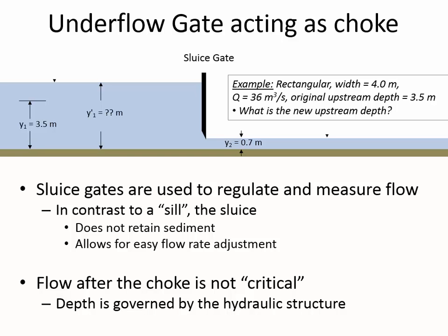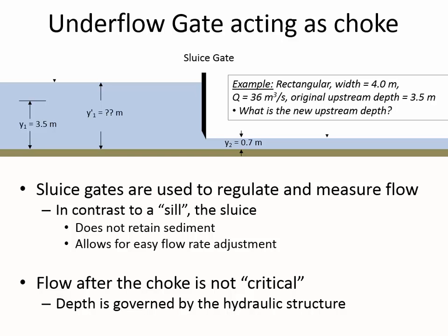So we're going to first take a look at how much energy is required for flow. At 2, how much energy is required? E2 is going to be the depth, y2, plus the flow per unit width squared divided by 2g y2 squared. This is one of the ways that we can easily calculate the velocity head.